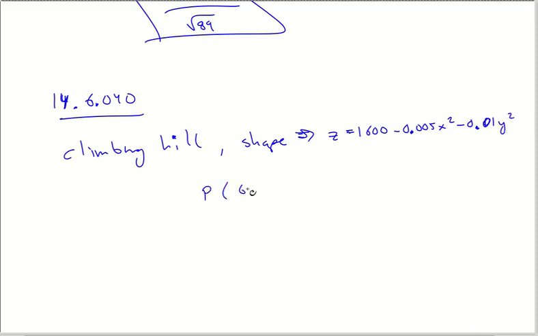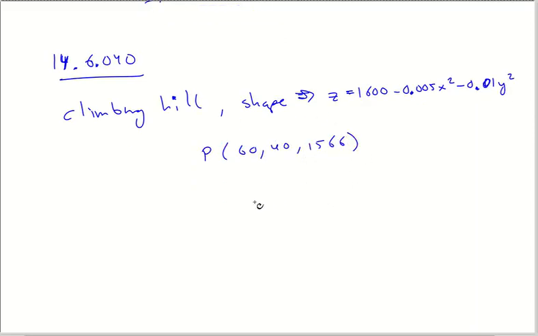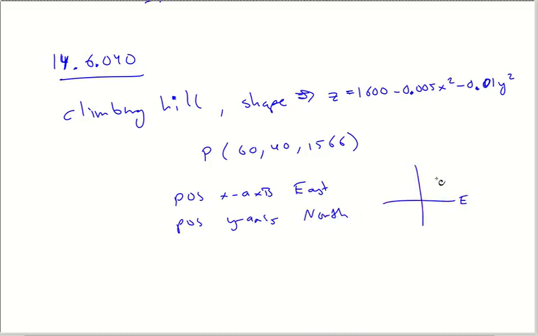They say that we're standing at the point (60, 40, 1566). And they're also saying that the positive x-axis is east, and that the positive y-axis is north, just so that we understand. Basically here they're saying east and north, well, therefore west and south.